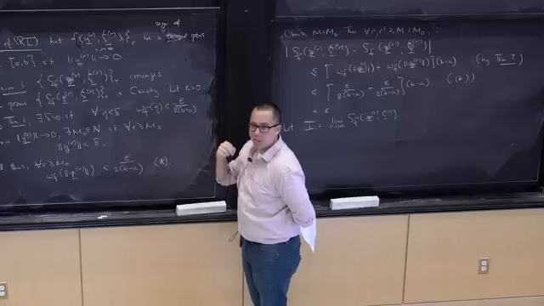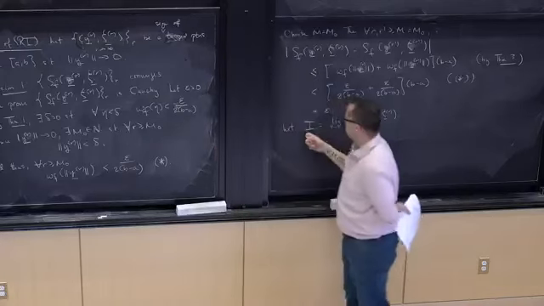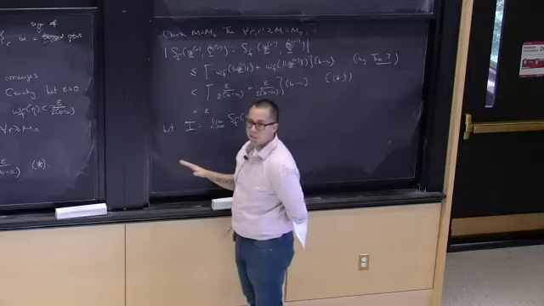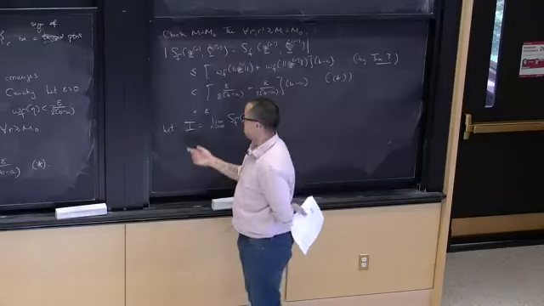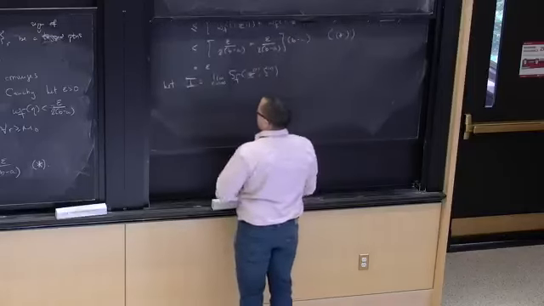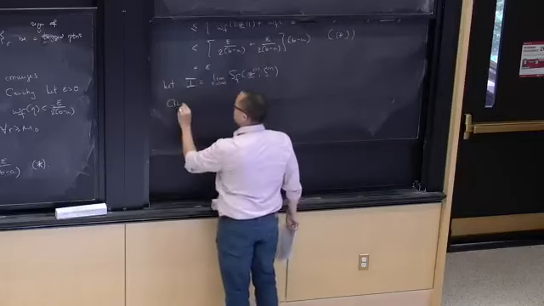Now we want to show that this I, in fact, has that property, that no matter what sequence of partitions I take, the Riemann sums converge to I. Okay, so that's the second and last thing I need to do to prove this theorem.